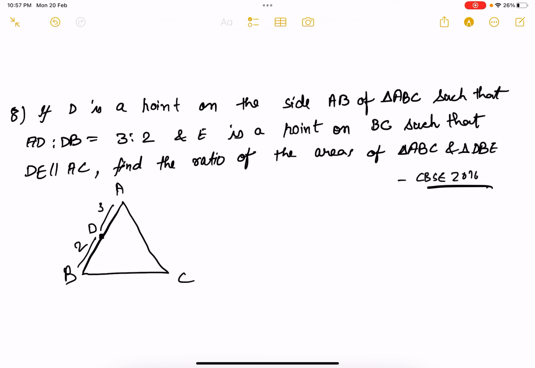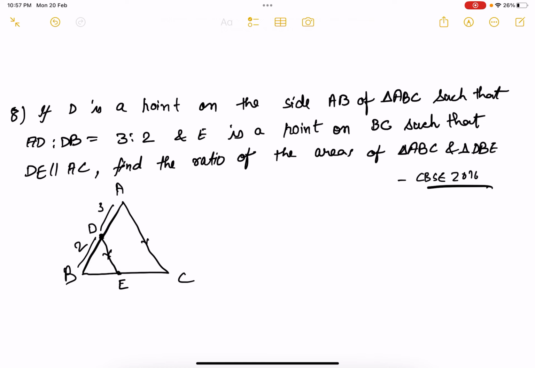And E is a point on BC such that DE is parallel to AC.